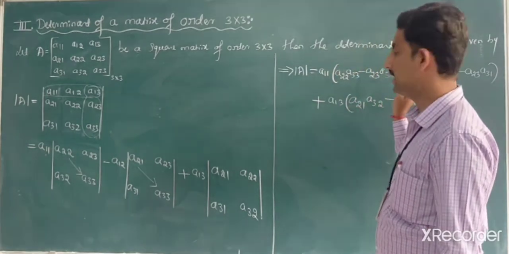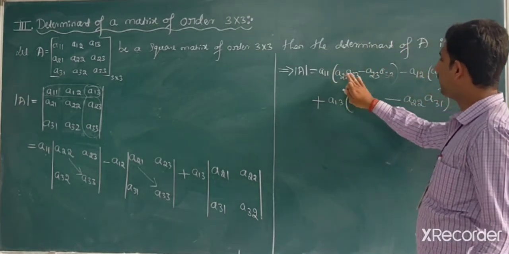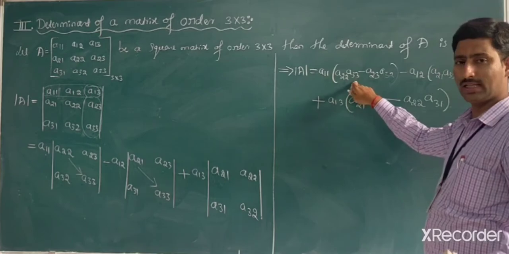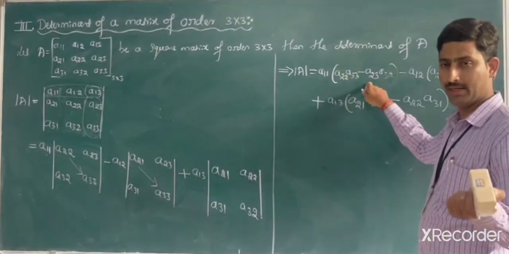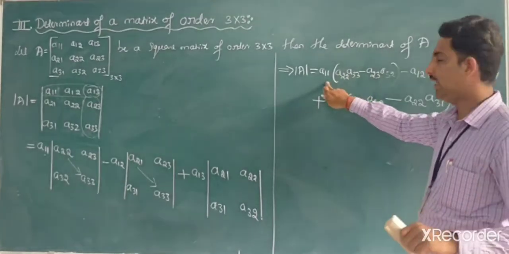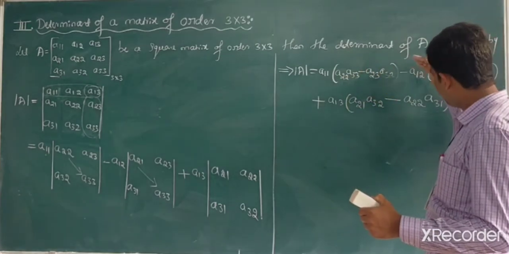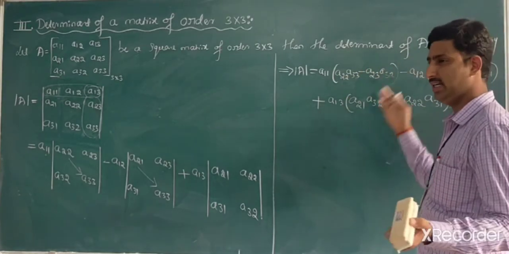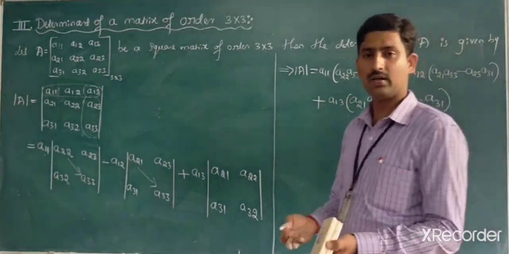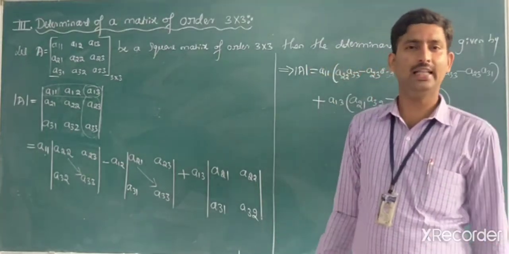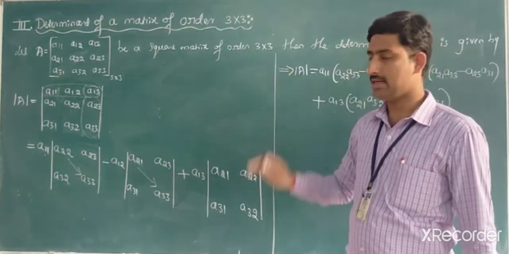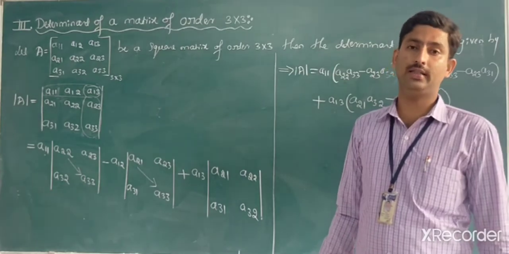Then what happens? A21 and A22 are both numbers. Number minus number is a number. Number into number is again a number. Even if all numbers are negative, their addition or subtraction again gives a number. Therefore, this is the determinant of a matrix of order 3 cross 3.